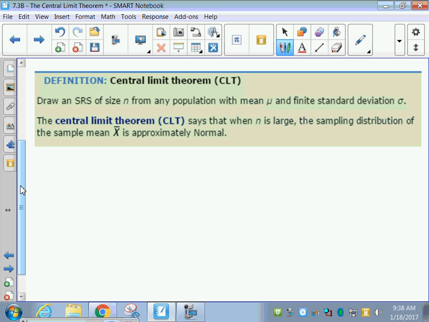No matter what the population is, as long as we are taking a large enough sample, the sampling distribution of the mean will be approximately normal. If we had done n equals 5 with our penny activity, it probably wouldn't be big enough if we had a skewed population. 25 maybe. But we're going to talk about the magic number in a minute.